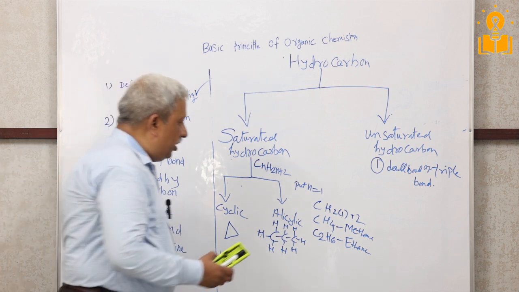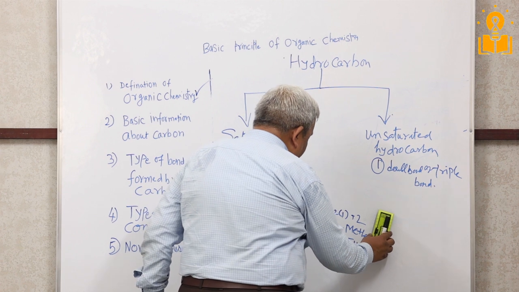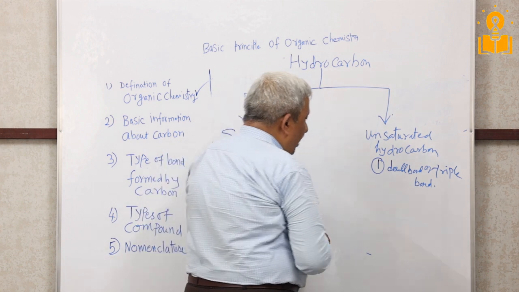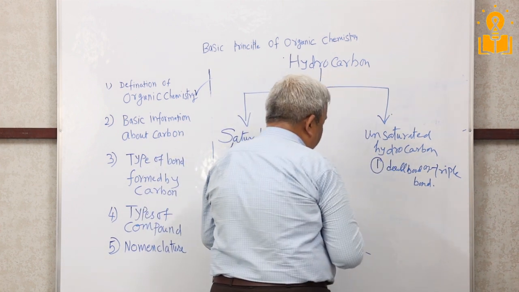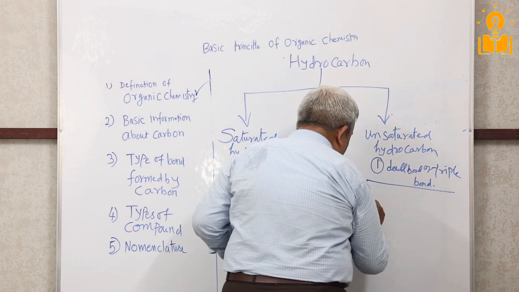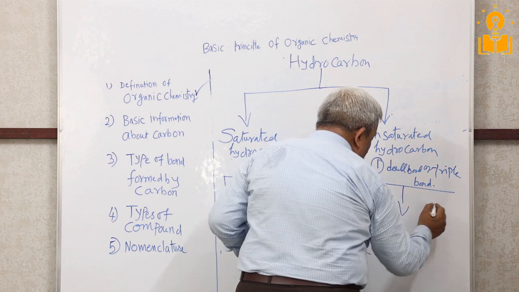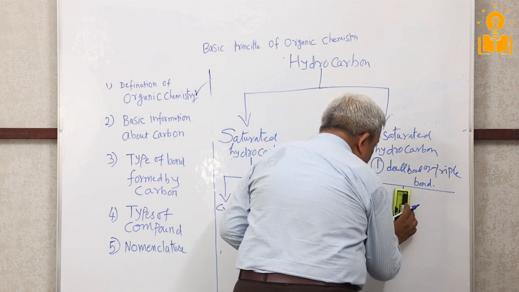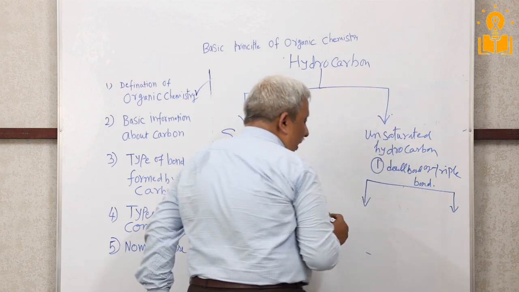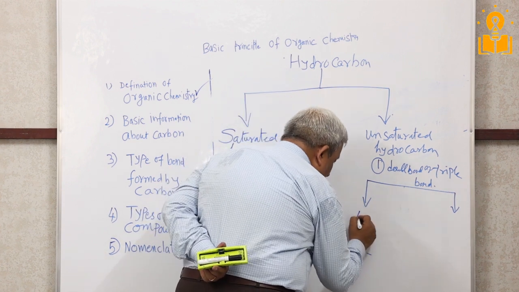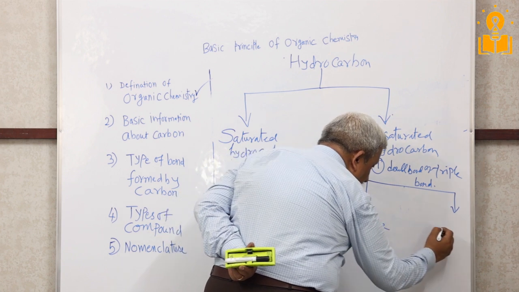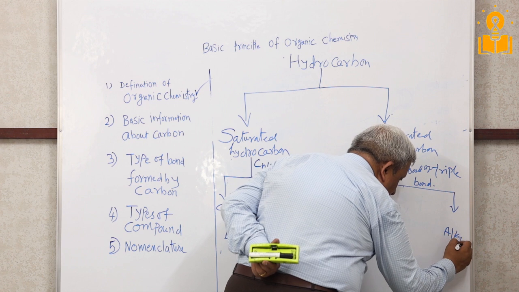Now let us consider the second part, that is unsaturated hydrocarbons. As far as unsaturated hydrocarbons are concerned, again they are classified mainly into two, that is alkene and alkyne.